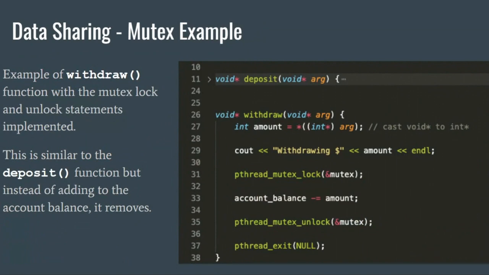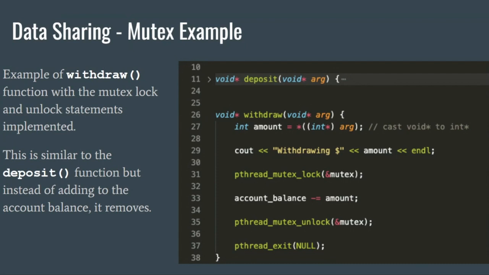And this is just one of the many examples we had in our lecture, the bank system where you had a withdraw and a deposit. So we have our withdraw with the mutex lock and mutex unlock already implemented.